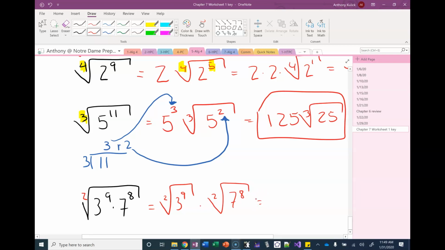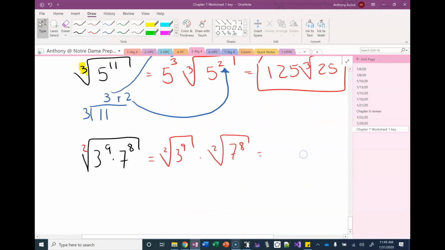So let's do the square root of 3 to the 9th. How many exchanges can we do? 4. Why 4? Because we're taking the number 9, the exponent, and dividing it by the exchange rate, which is 2. When I do that, I get 4, remainder 1.